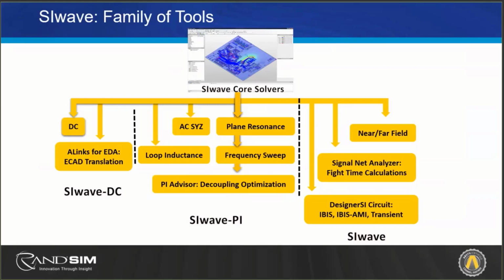Included in all this, obviously, is analyzing high speed, so looking at your USBs, with things like eye diagrams. You can generate that information from SI Wave. What's also interesting is you can do a PCB or trace level solution in SI Wave.